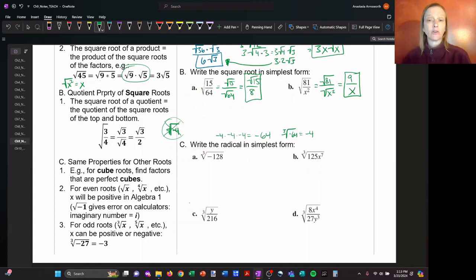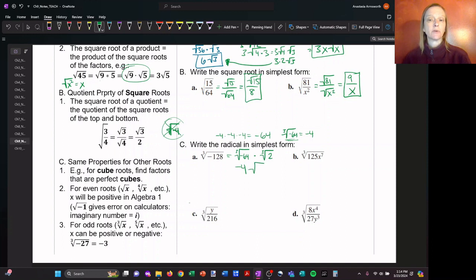And negative 128, we can get that number if we multiply together negative 64 times 2. Negative 64 times 2 is negative 128. And negative 64, as we just discussed up above, is a perfect cube. The cubed root of negative 64 is negative 4.